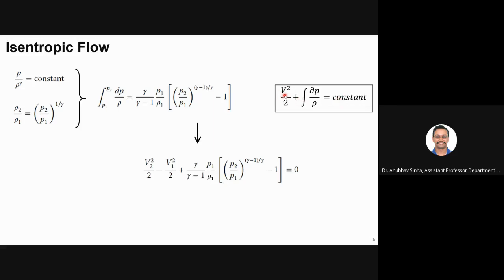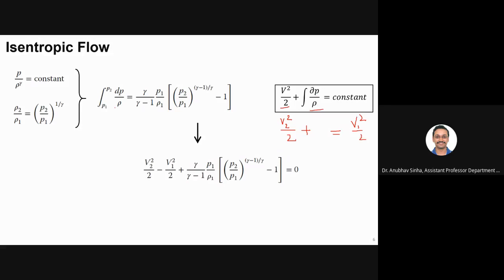I write v1 square by 2 plus this is equal to v2 square by 2 plus this. So I can write v2 square by 2 plus this integrated for P2 and rho 2 is equal to v1 square by 2 plus this integrated for P1 and rho 1.